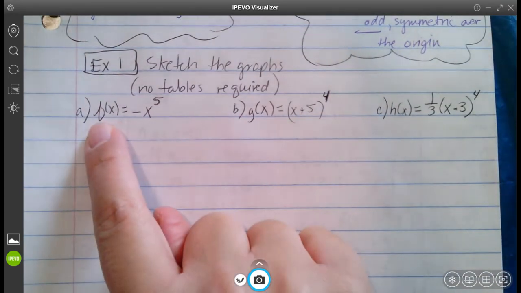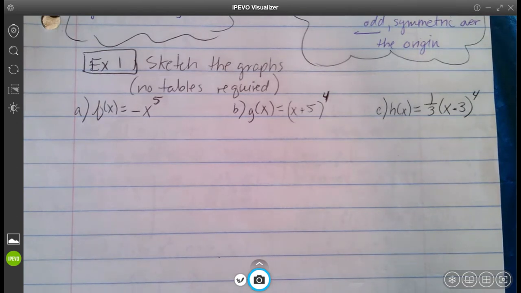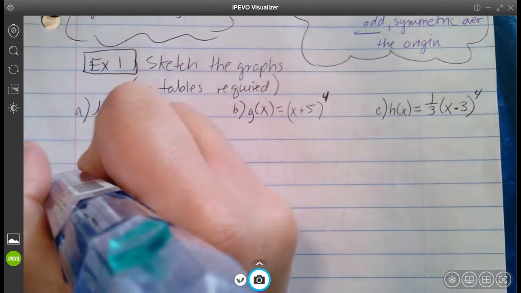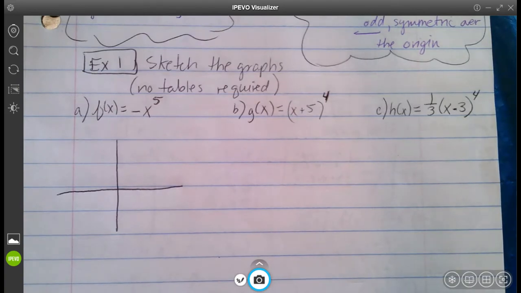We have our first graph, f of x is equal to negative x to the fifth power. So what I'm going to do is use what I just saw up here. These are going to be small graphs. I'm not going to go too crazy on them. I know that x to the fifth power is going to look like the one that's over here.